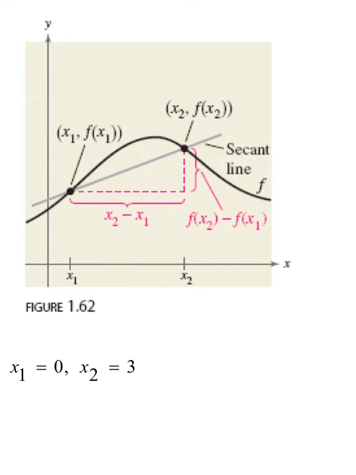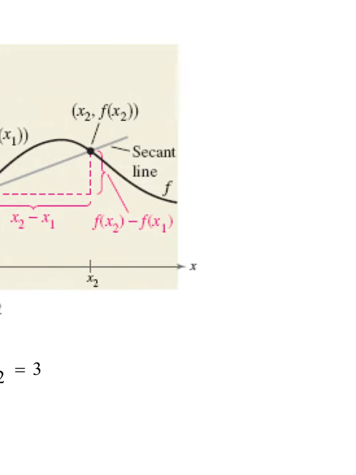It's just like in the linear equation when you find the rise over the run. We're going to do the same thing with this function, and we're going to use the slope formula.